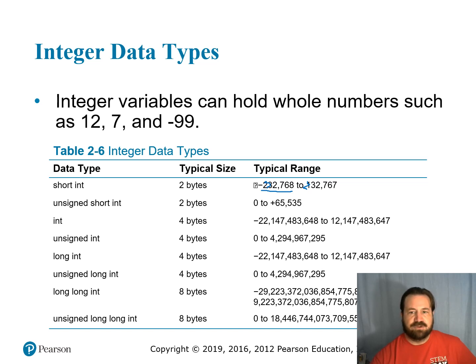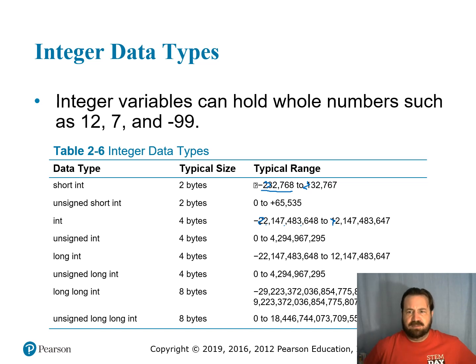Ints are what we usually use for integer numbers. They can hold a much longer range, up to about 2 billion.